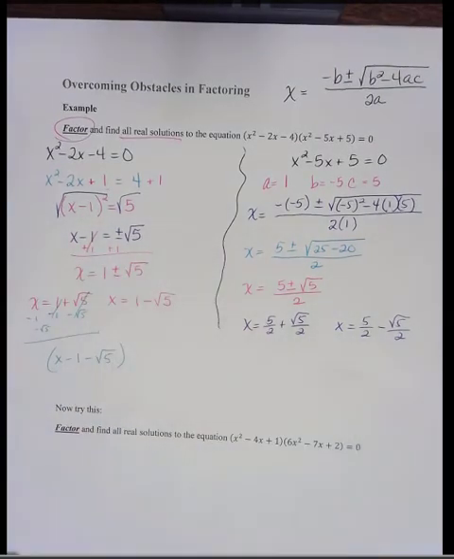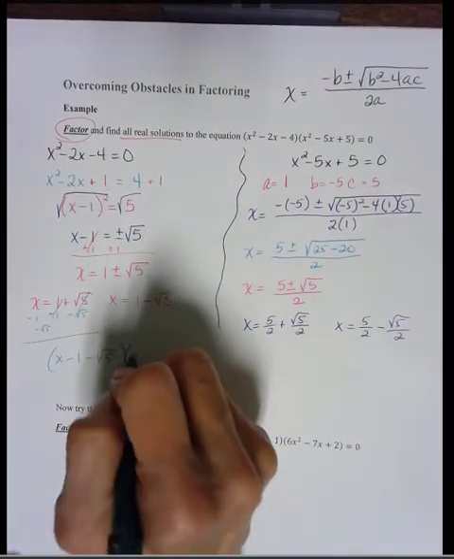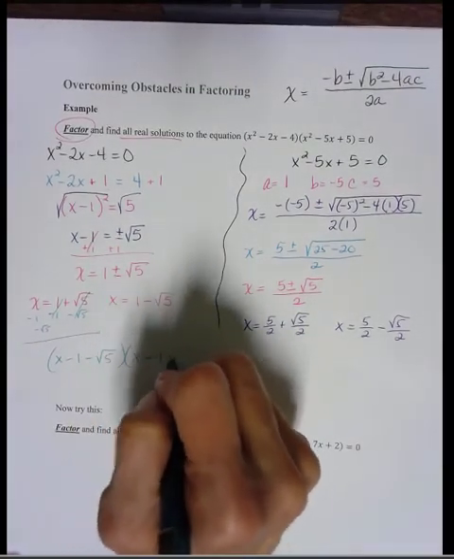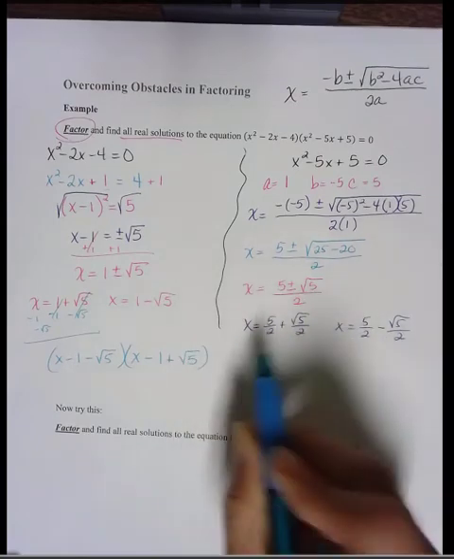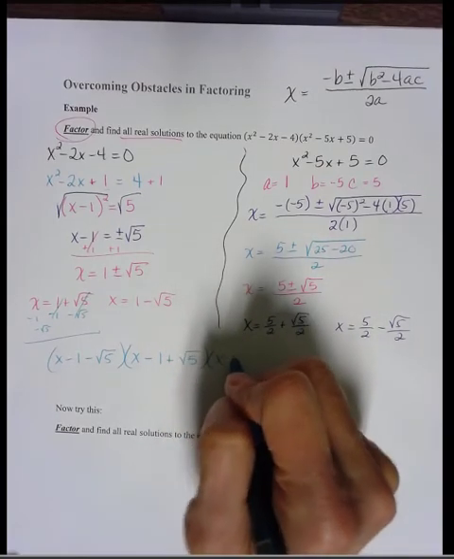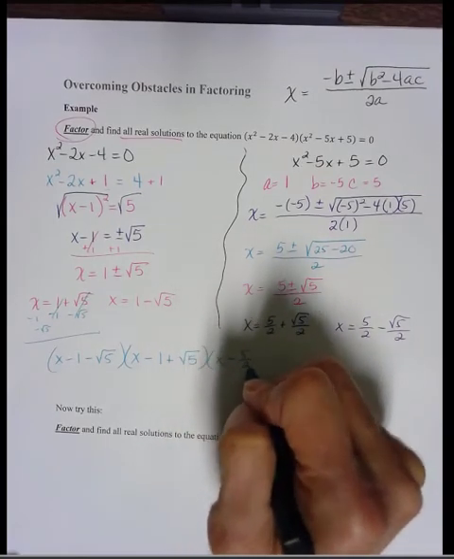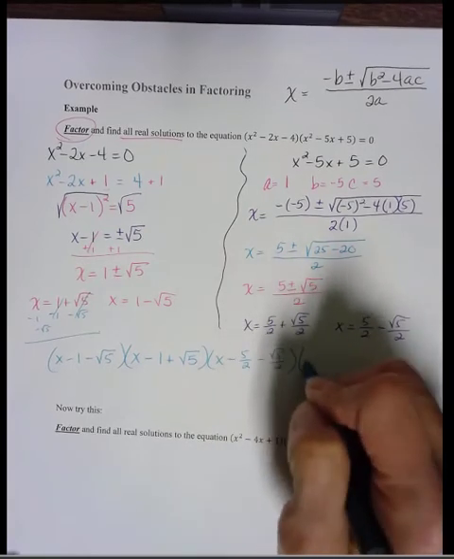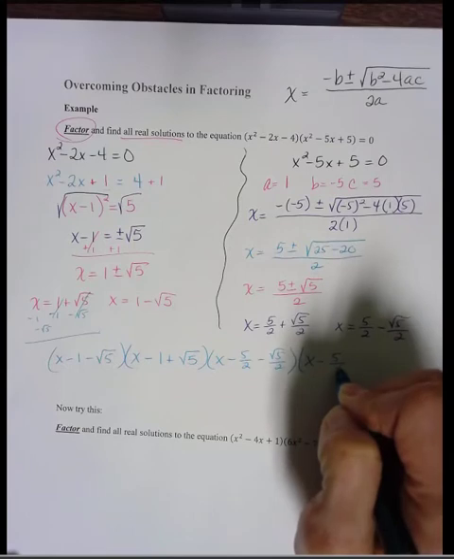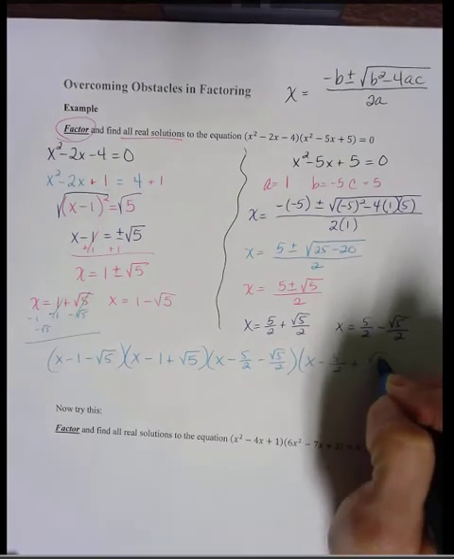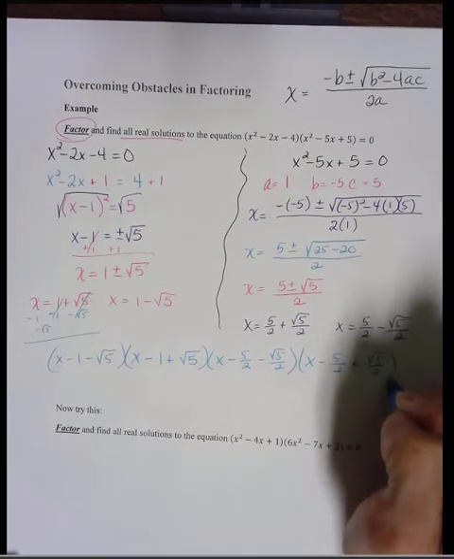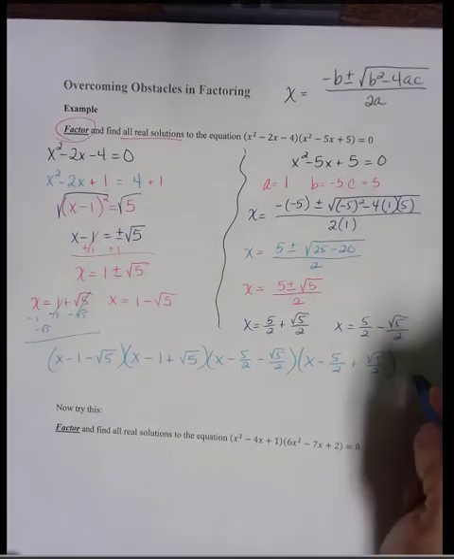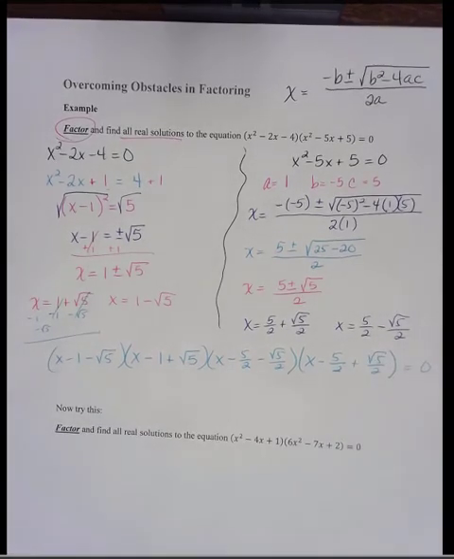That's my first factor. Do the same thing for this, x minus 1 plus radical 5. Then over here, x minus 5/2 minus radical 5 over 2, and then x minus 5/2 plus radical 5 over 2. And then, of course, that's the factored form, and then we can say equals 0.